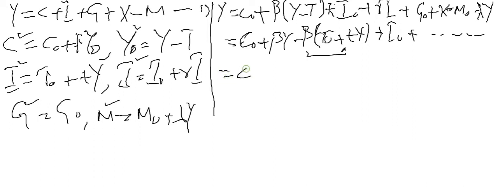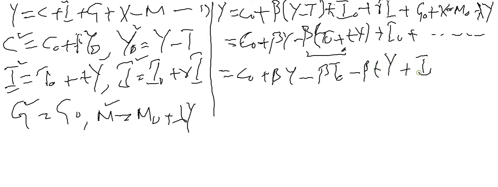It will be equal to C naught plus beta Y minus beta T naught minus beta tY plus I naught plus. Now collect the same terms to the left side of the equation, which is Y, and the last term, minus lambda Y. Collect them to the left side of the equation.